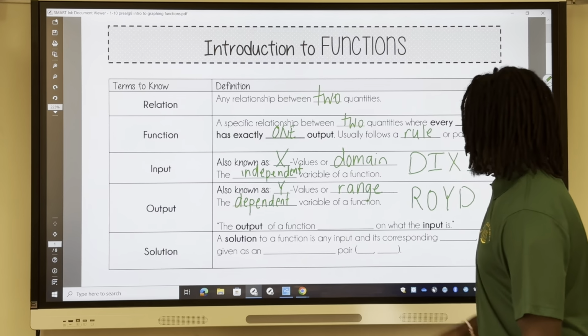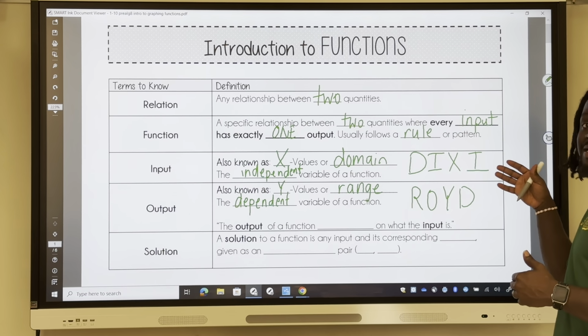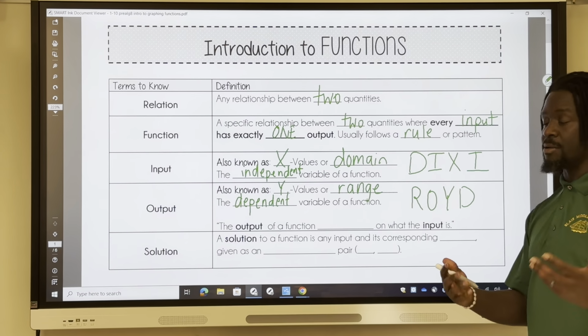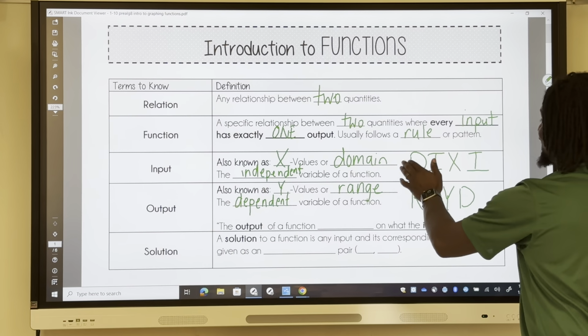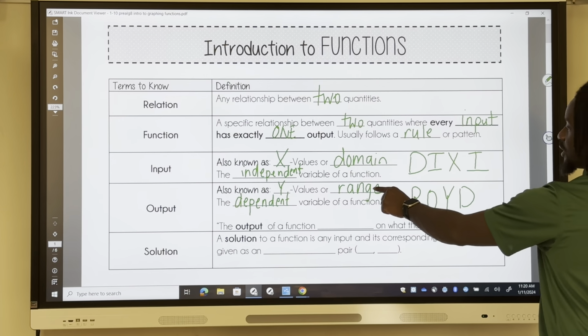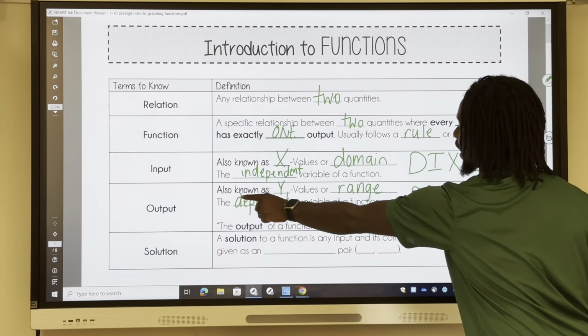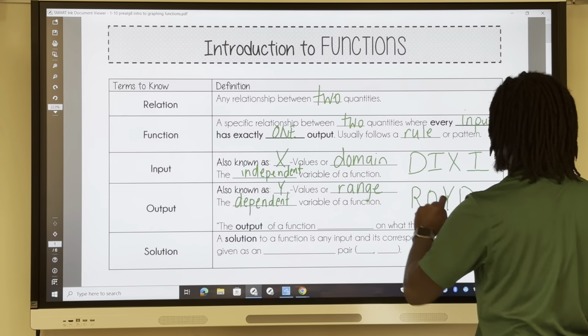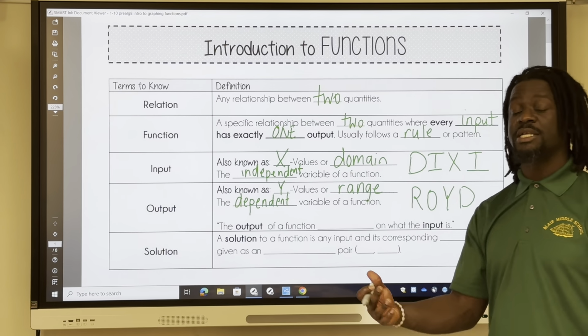Again, hopefully you see where Dixie-Roy comes in to help. The R stands for range, the O stands for output, the Y stands for y value, the D stands for dependent.